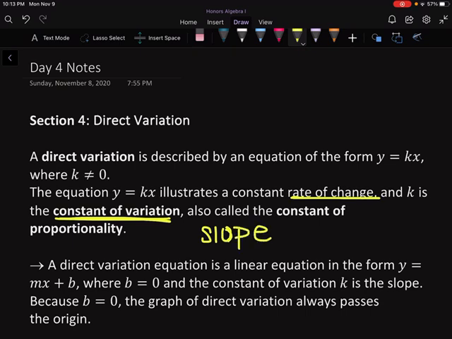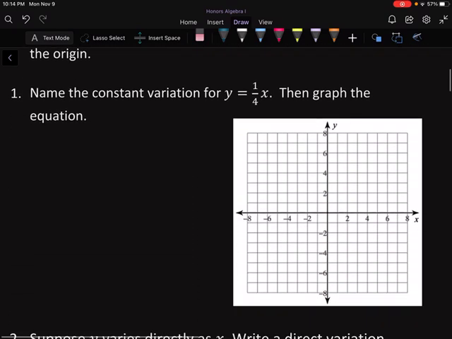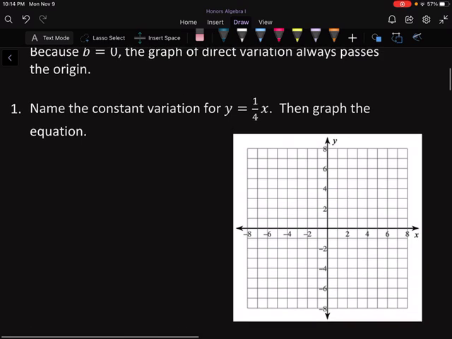So a direct variation equation is a linear equation in the form of y equals mx plus b, where b is equal to 0. The constant variation, I said, is the slope. Because b is equal to 0, it's always going to go through the origin when we graph. So here, what is the constant of variation?